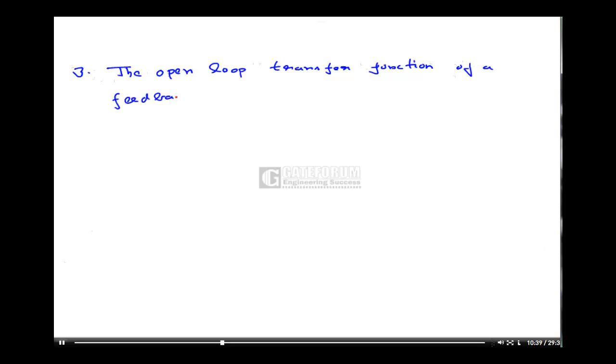Next question. The statement of this question is, the open loop transfer function of a feedback control system is given by 1 by (s plus 1) cube.